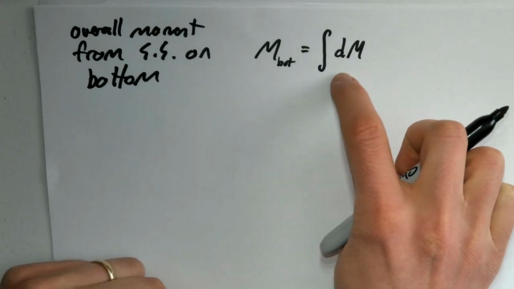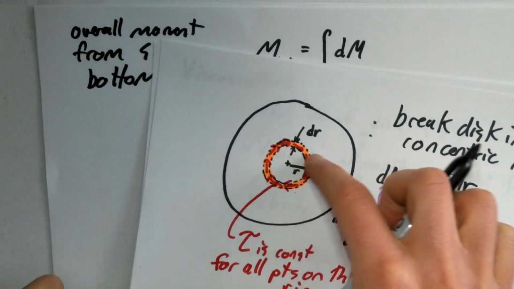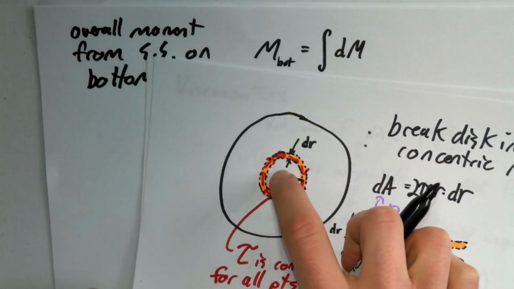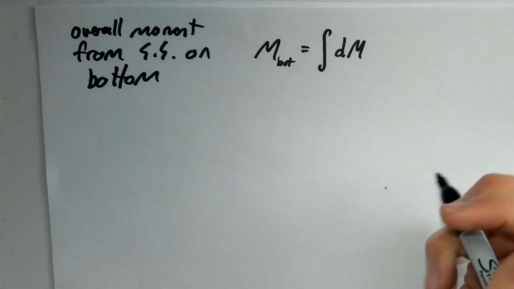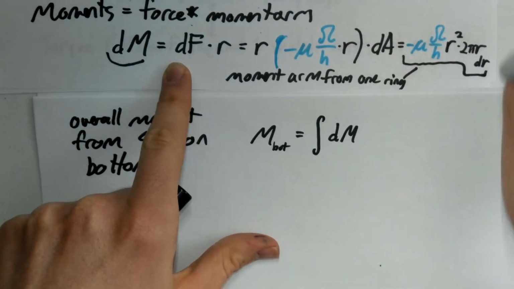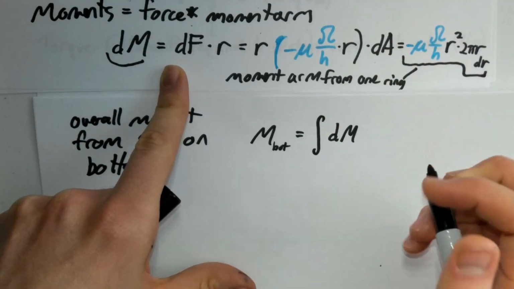Right, so if we add them all up, i.e. integrate them, then we'll get the overall moment from all of those little dm's. So all we need to do now is plug in our expression for dm into here and think about what limits of integration are sensible.